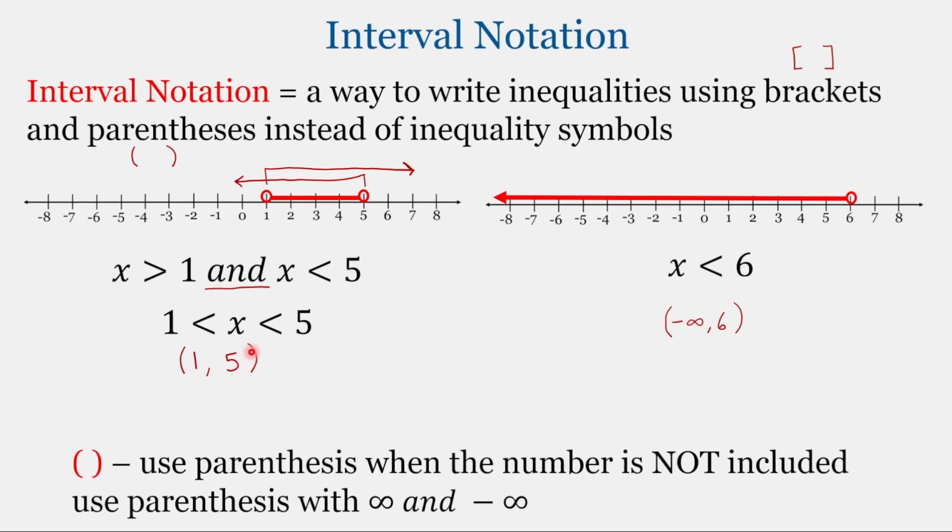So this right here, 1 comma 5 enclosed in parentheses, represents the numbers between 1 and 5, but does not include the numbers 1 and 5. Whereas this notation, where we have negative infinity, comma 6, enclosed in a set of parentheses, represents all numbers less than 6, but again does not include the number 6.